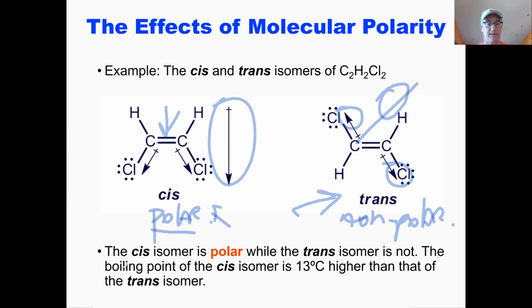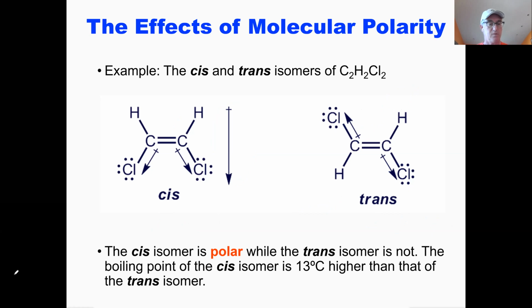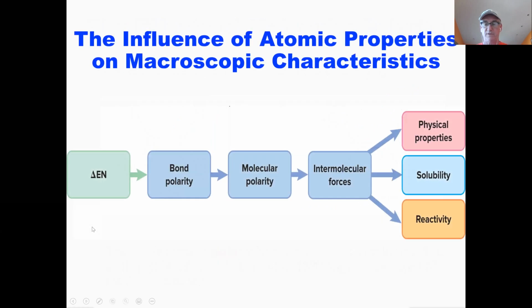So these are just some of the changes. We see a change in electronegativity introduces bond polarity. Now, depending on the shape, that may introduce molecular polarity. We have polar molecules and non-polar molecules. And later we'll learn that the polarity of molecules changes the forces between them.